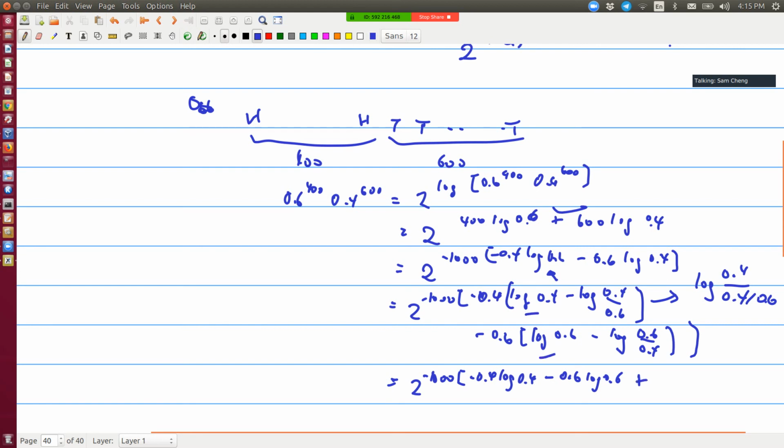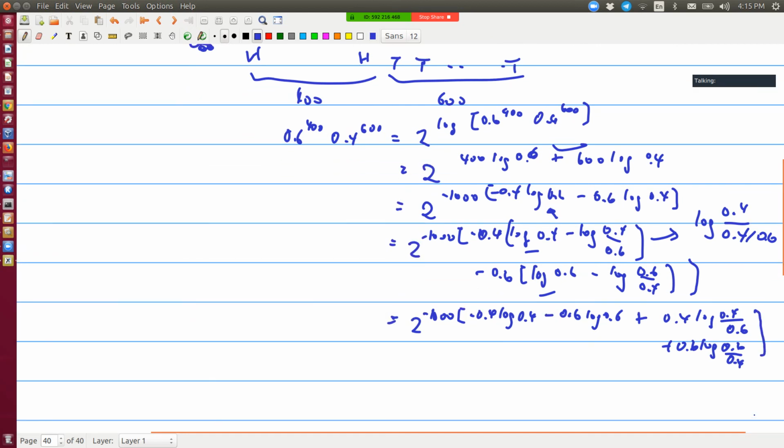Then I have some positive terms here, 0.4 log 0.4 over 0.6 plus 0.6 log 0.6 over 0.4. Yes, exactly, that's the KL.